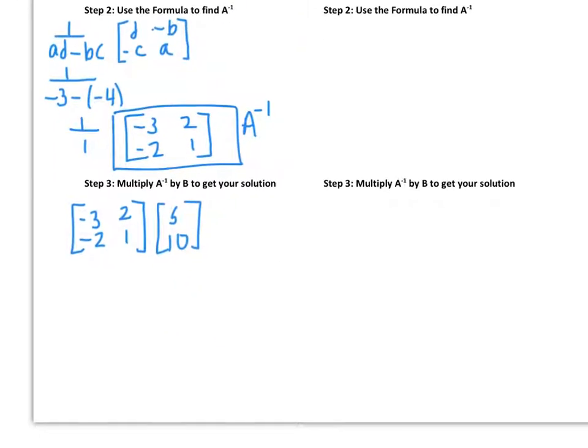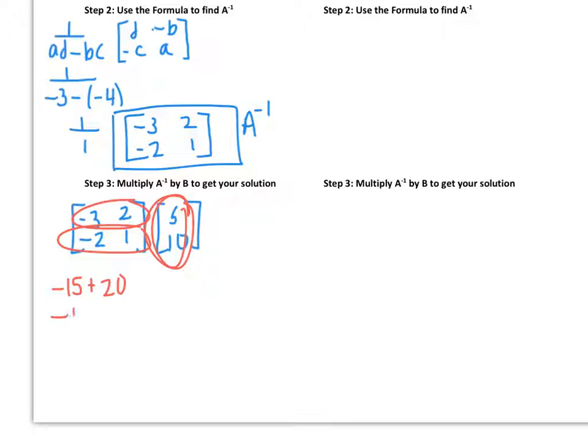I'm going to multiply -3 times 5, that's -15, plus 2 times 10 is 20. So this times this, and now we're going to do this times this. So negative 2 times 5 is a negative 10.